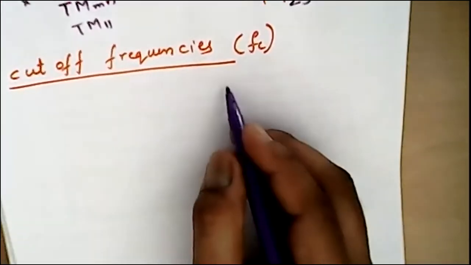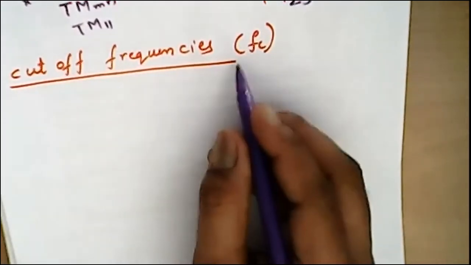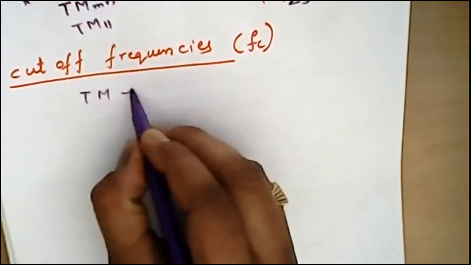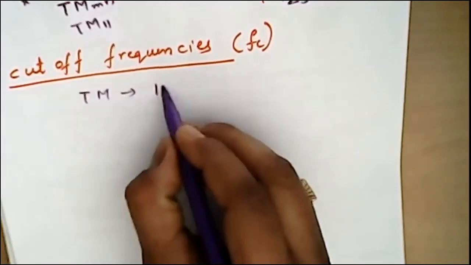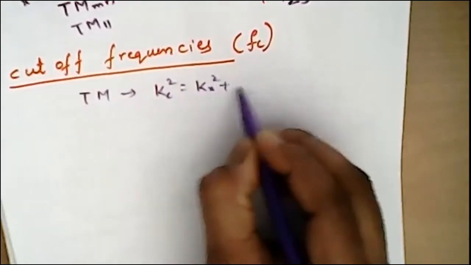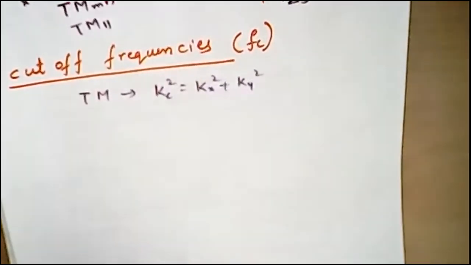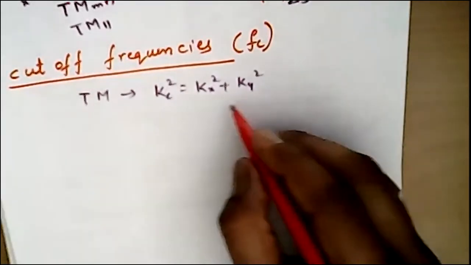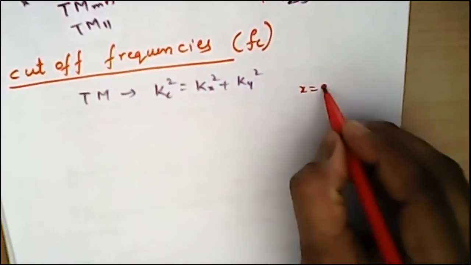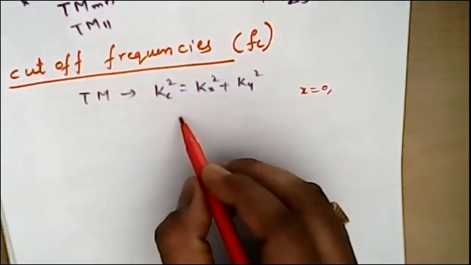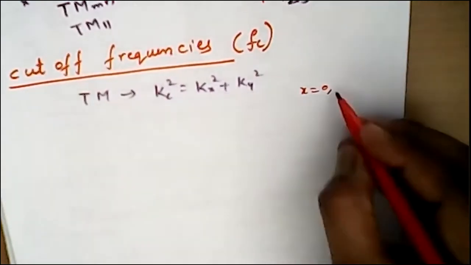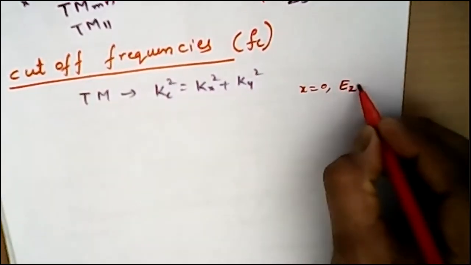You might have seen the cutoff frequency in the case of TM mode, in the derivation we derived for TM. There we used kc square equal to kx square plus ky square. And there we substituted x equal to 0 in the expression a sin kx x by kx plus b cos kx x. In that we substituted the boundary condition.